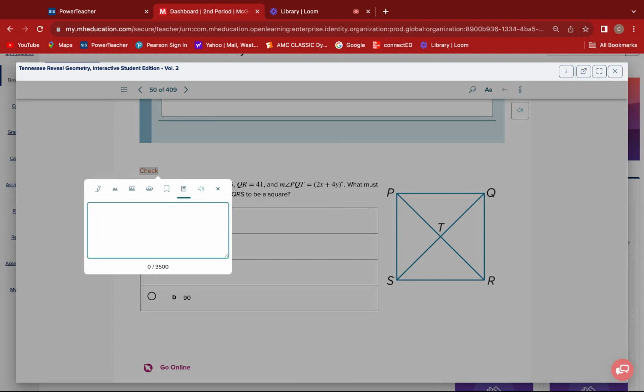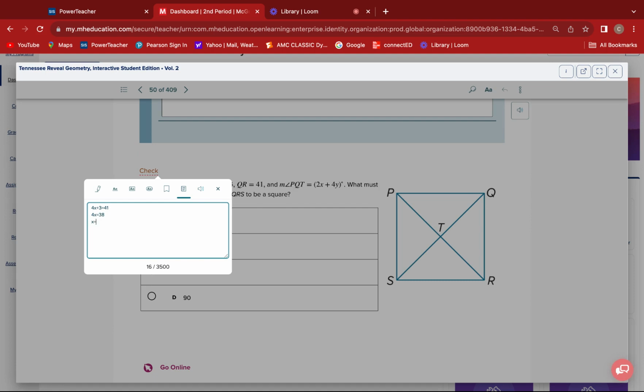That means I am putting 4x plus 3 equal to the 41. All right, the opposite of adding 3 is to subtract 3 from the other side. Well, 41 minus 3 is going to be equal to 38. The opposite of multiplying by 4 is to divide by 4.